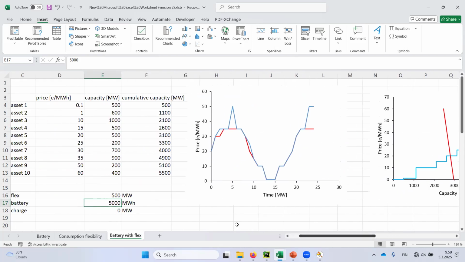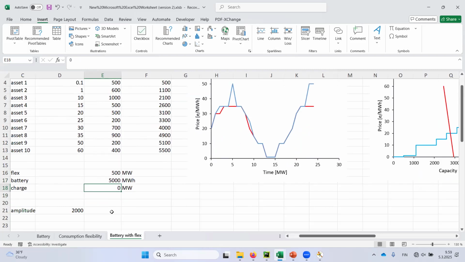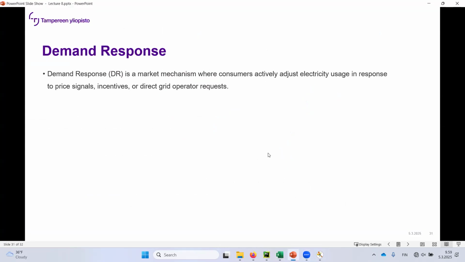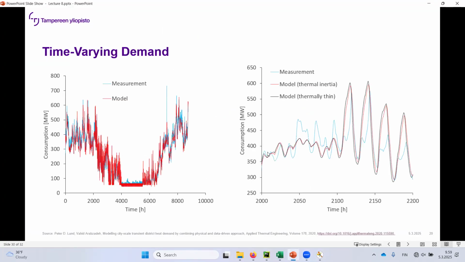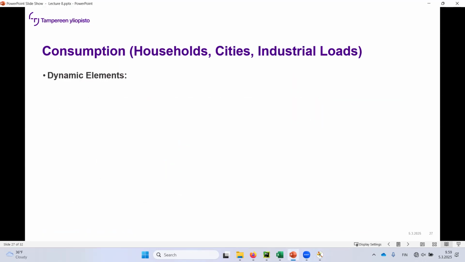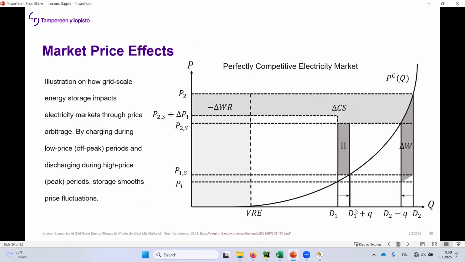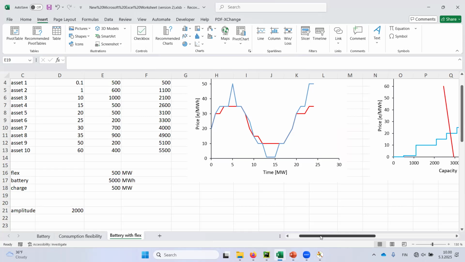And now when I have the battery also in here, I have some kind of a charge and discharge strategy. When it's cheap, it's going to start bringing up the prices. So prices go up when it's cheap, prices come down when it's expensive.